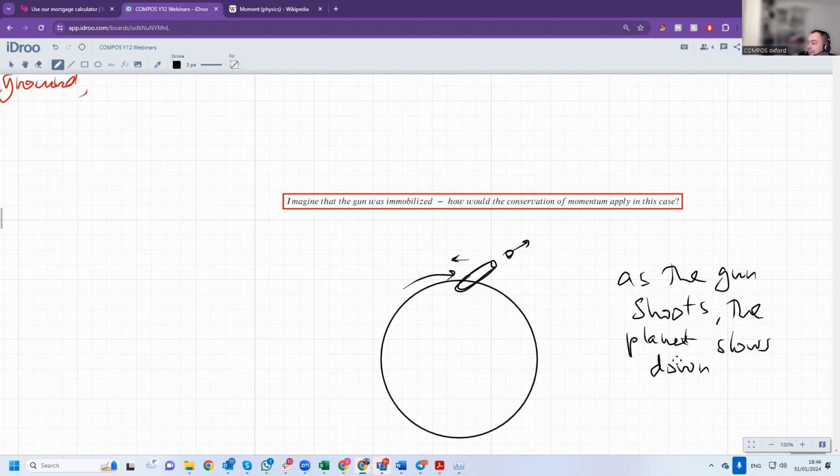So when does it speed up? It speeds up when the bullet hits the ground.